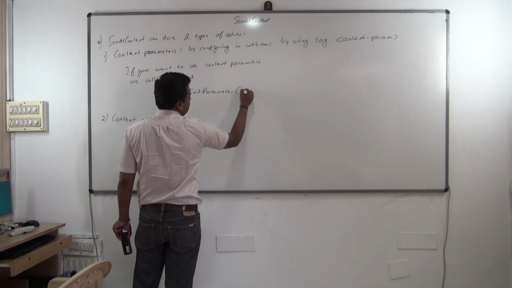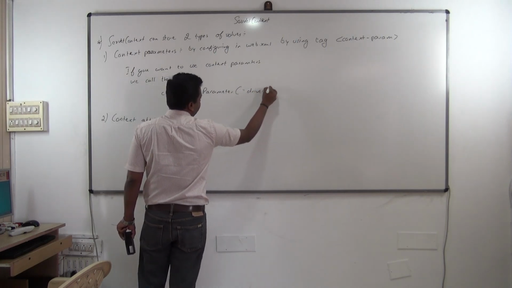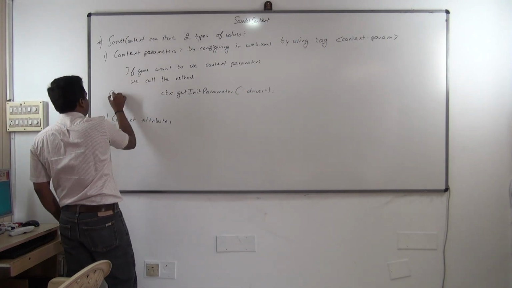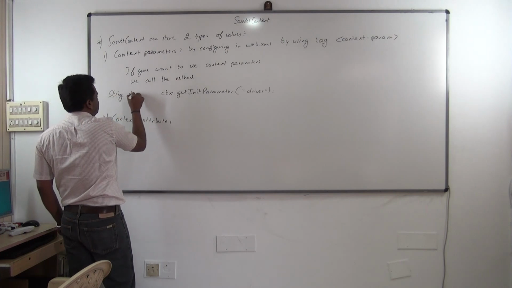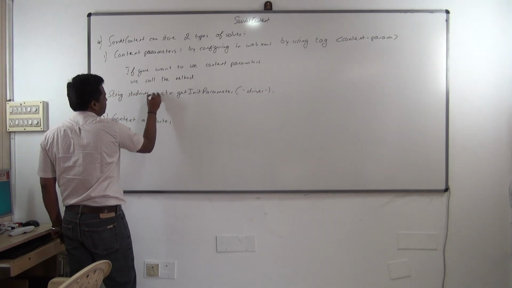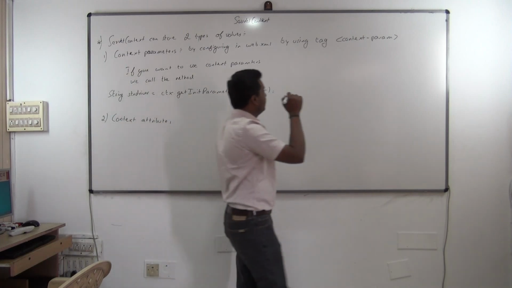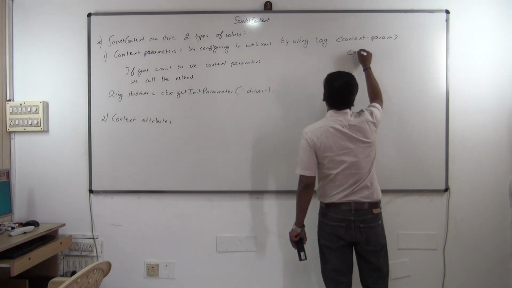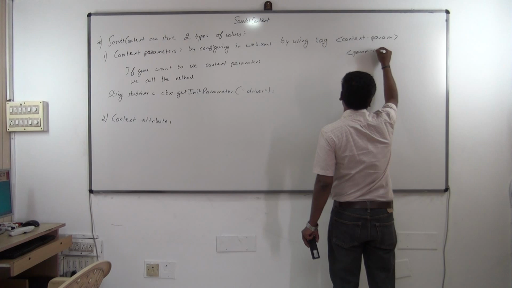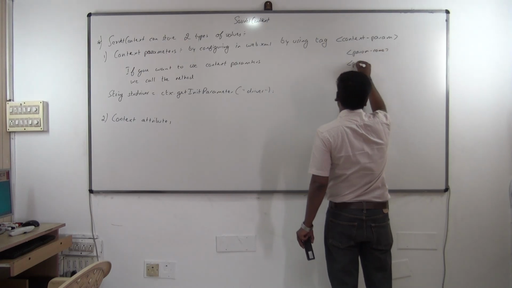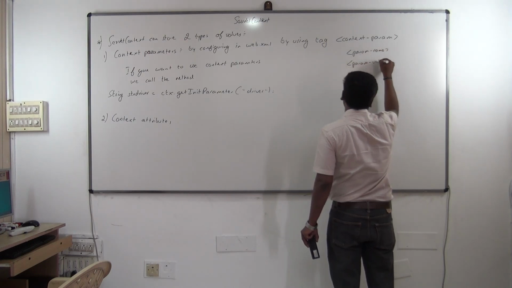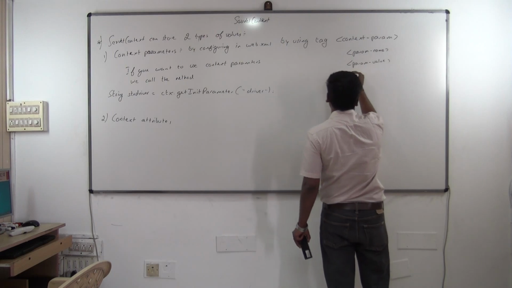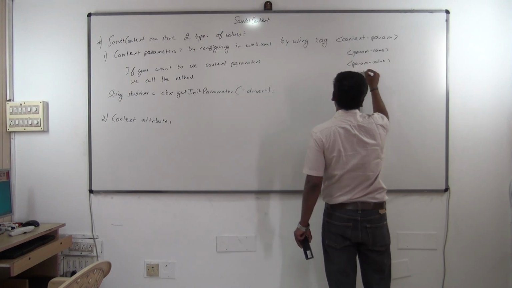This is the way you do it. And the return type of this would be String, something like String driver. Correct? See, this is how we'll be configuring: context-param, param-name, param-value. If you want more, you can add, that's up to you.